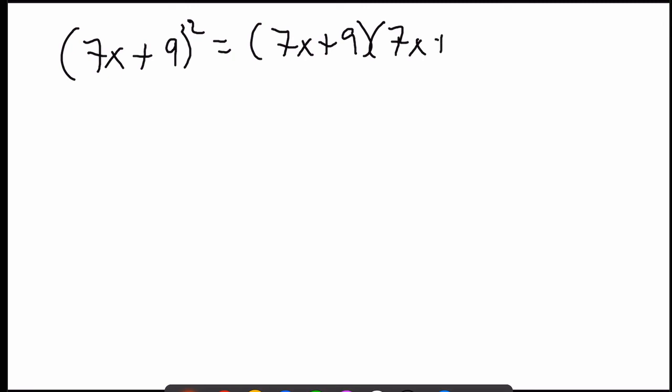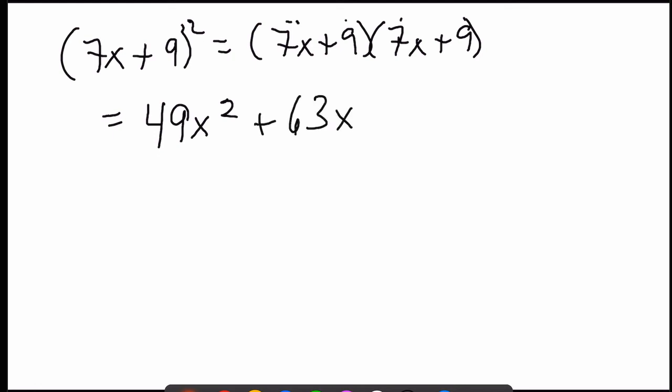And again, we get to have all this fun in summer school that we don't get to have other times. Okay? So we multiply that times that. That's 49x squared. Then we multiply that times that. That's plus 63x. We multiply that times that. That's plus 63x. And that times that is plus 81.